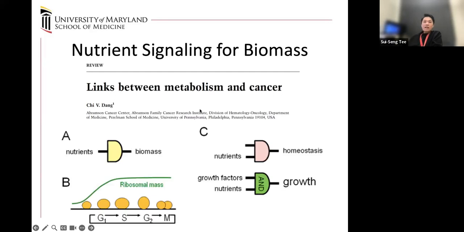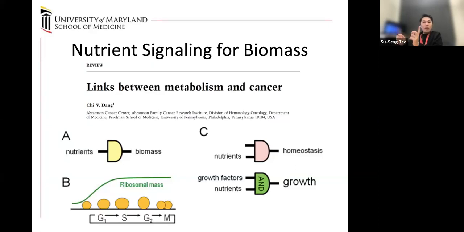So this paper really shaped how I view metabolism, right? Chi Van Dang, I think he's back at UPenn now, summarized this concept really well. If you are a unicellular organism, all you need is nutrient availability to divide and grow, right?